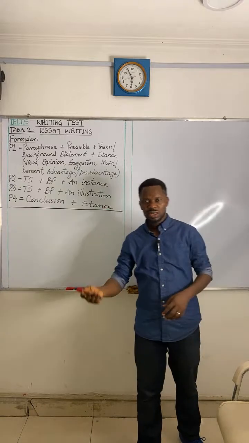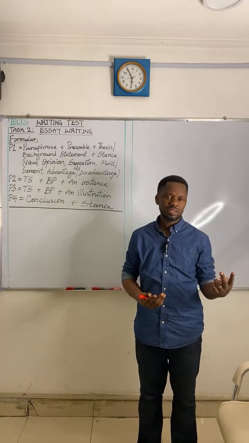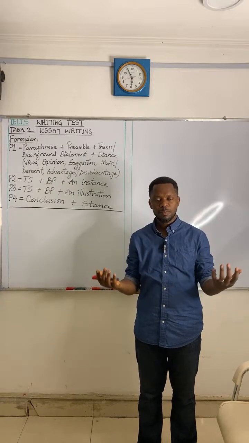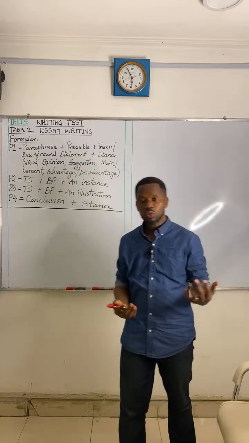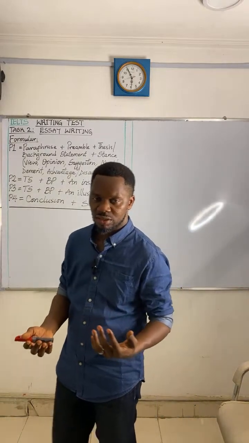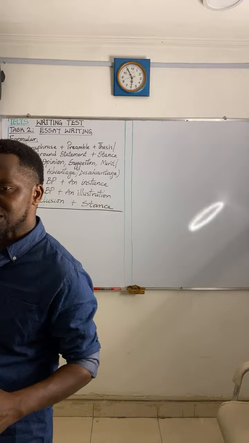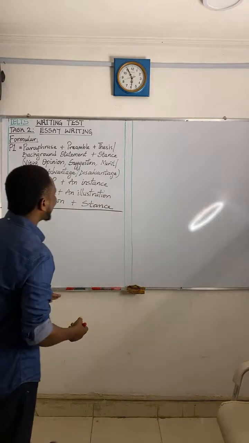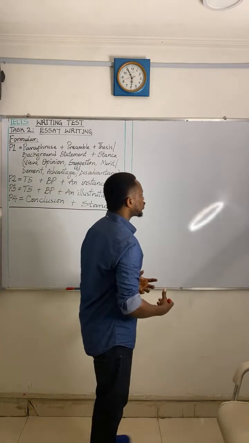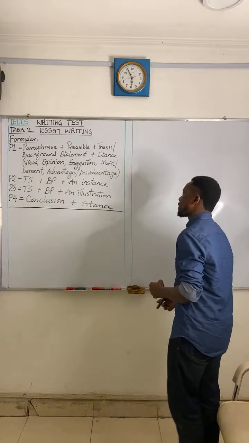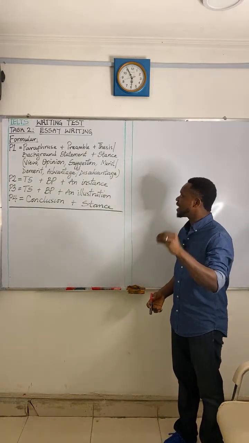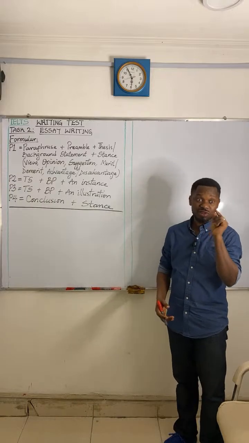So if there are 2 concerns raised in the question, your preamble should cover those concerns raised without taking side. So the preamble is more or less like a show-off to the examiner, establishing the impression that you have a clear understanding of the concerns raised.